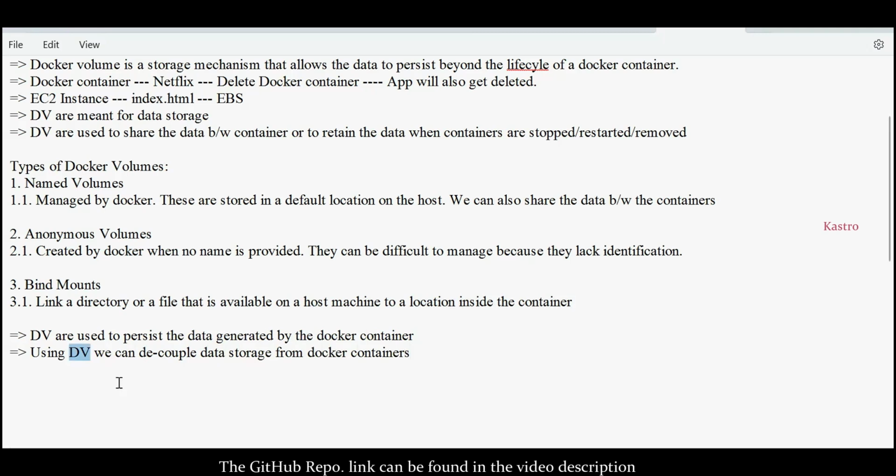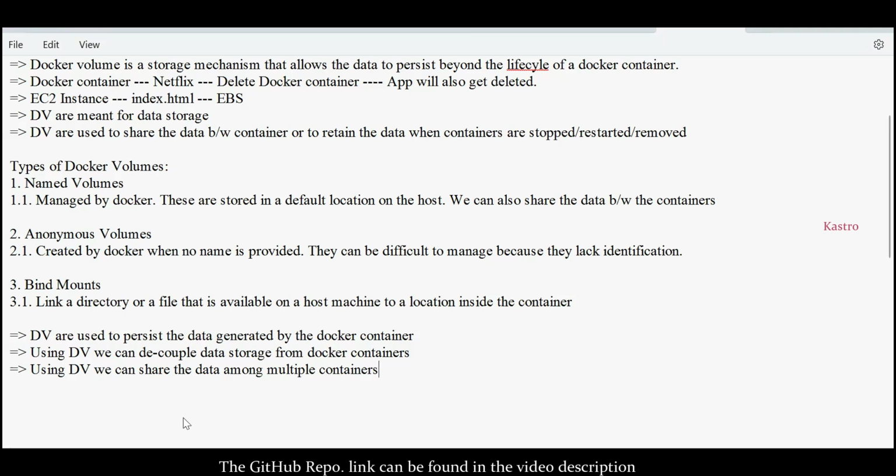Along with that, using Docker volumes, we can share the data among multiple containers. This also we are practically going to see as a part of the Docker volume concept. From one container to another container, you can easily share the data.